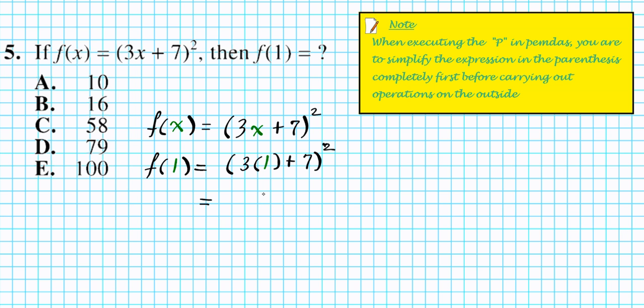So 3 times 1 is 3 plus 7 squared. Remember, you want to simplify this completely first, okay? So what is 3 plus 7? 3 plus 7 is 10. Now you can square. Okay, 10 squared is 10 times 10, which is 100. Your answer is option letter E.